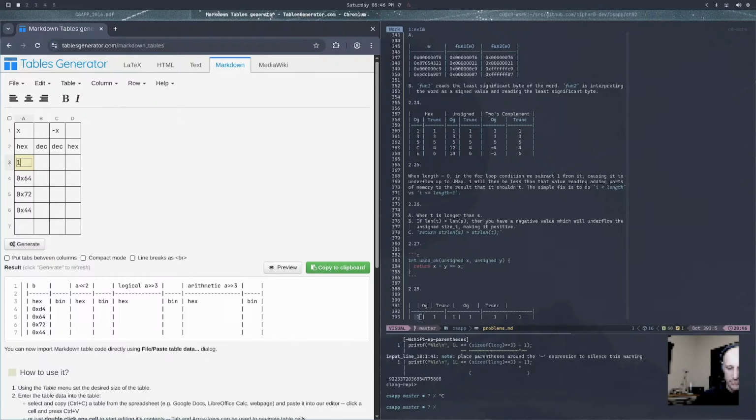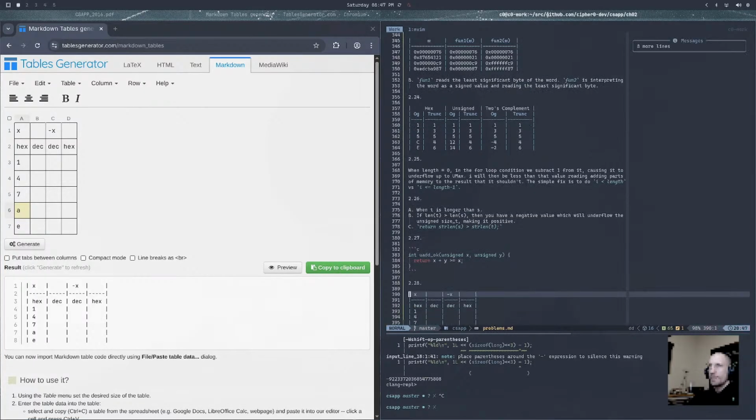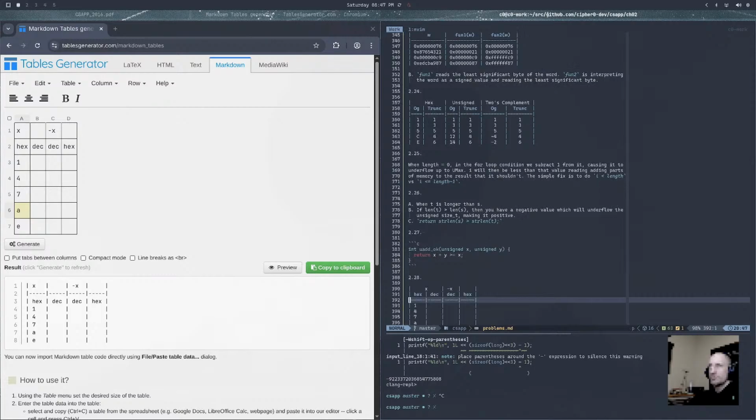1, 4, 7, A, E. Generate, copy to clipboard. Let's break that down. Move this there.